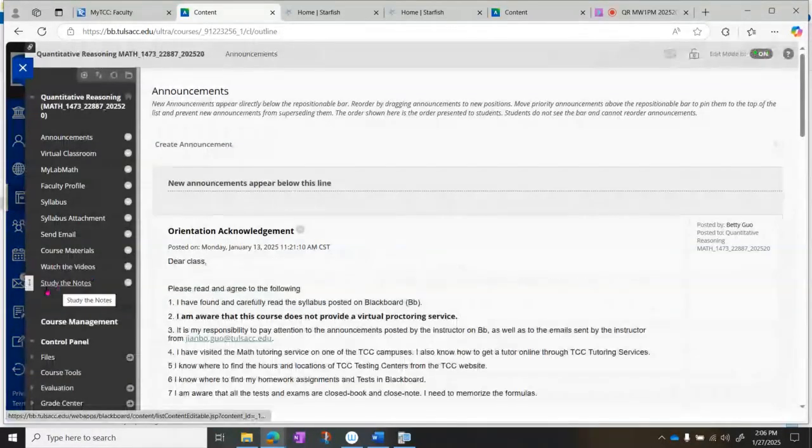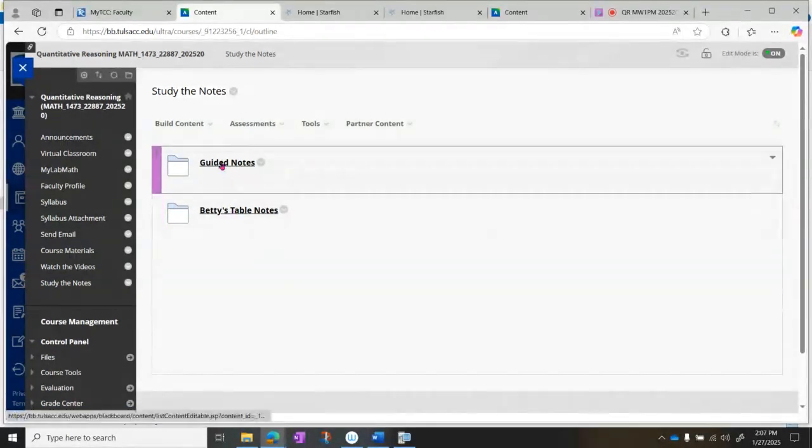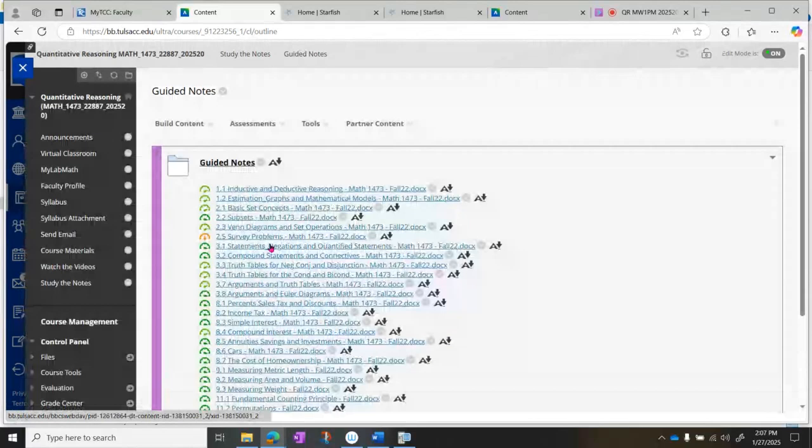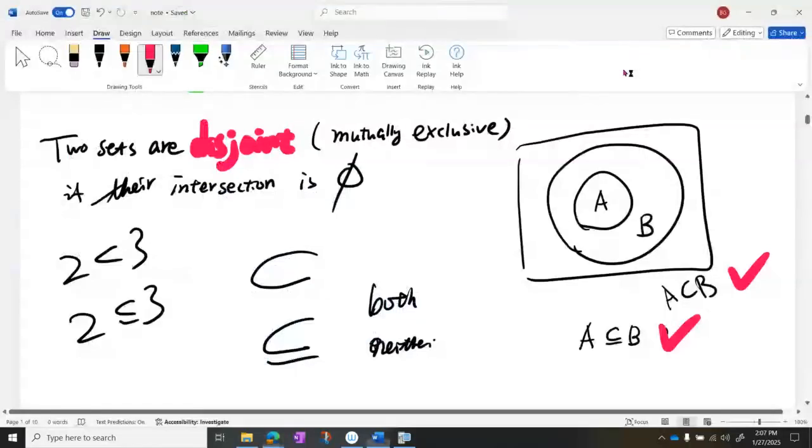The last two items, two sections: watch the videos, study the notes. In studying the notes, I have two sets of notes. The guided notes is something we follow in the class. And today we are covering 2.3, right? So you can click that and download the guided note.